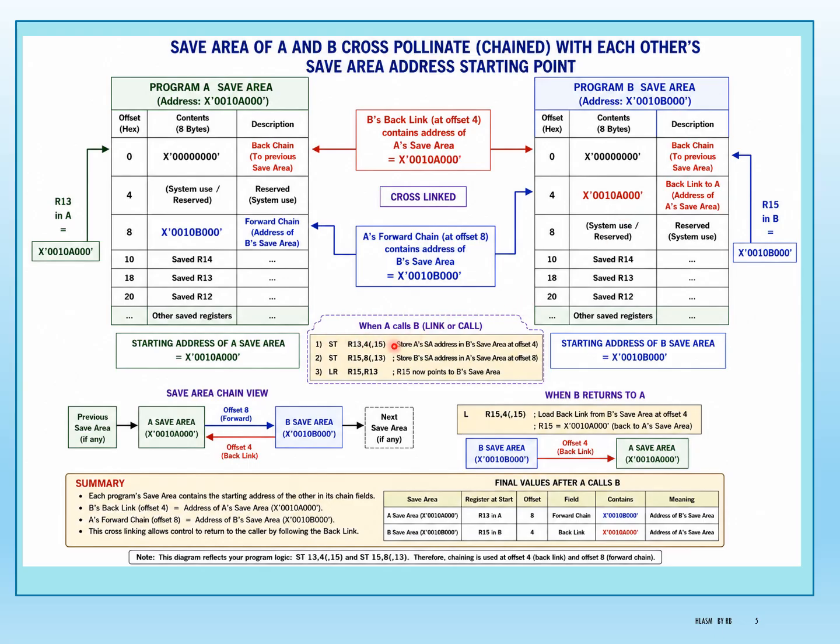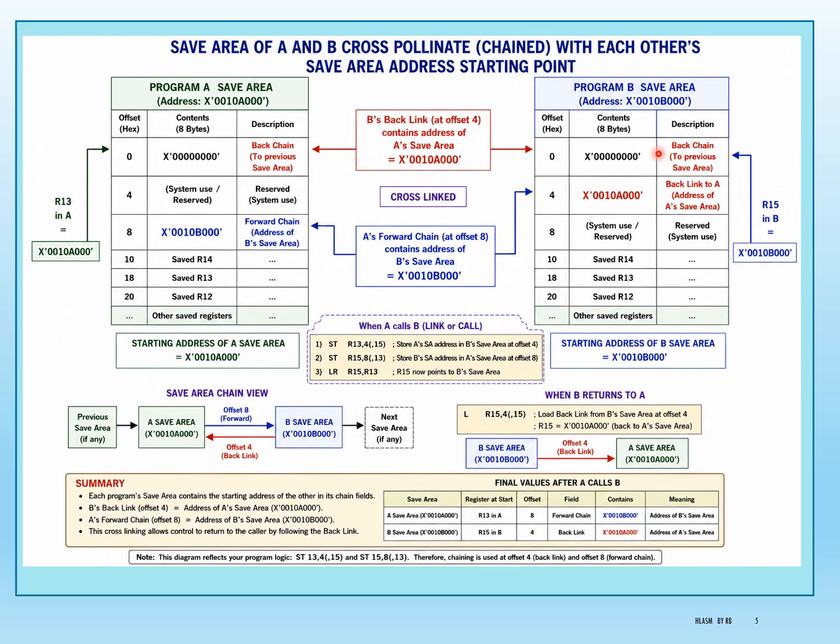First we are setting one link using R3, 4, 15. That means I am putting the program A save area address in my register, and then in the next one I am taking this value and putting it here. Once I am done with all these things, I now have backward and forward integration.